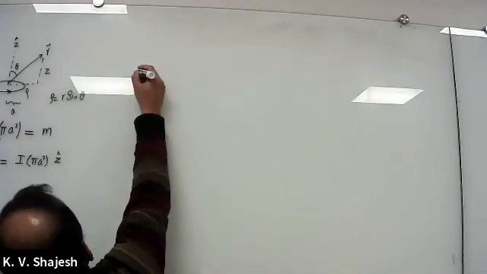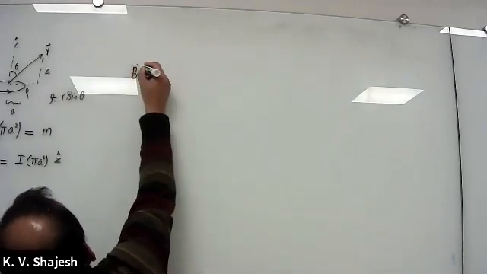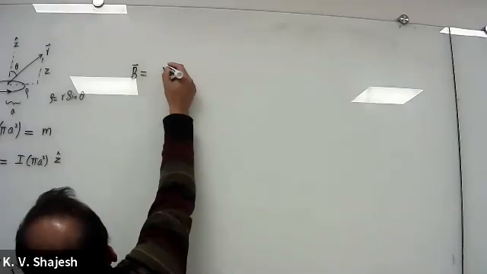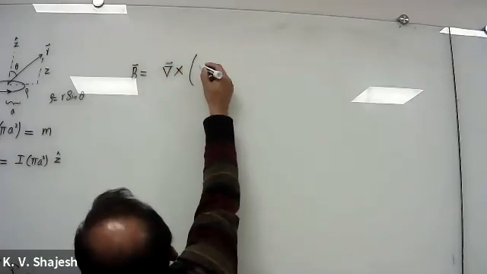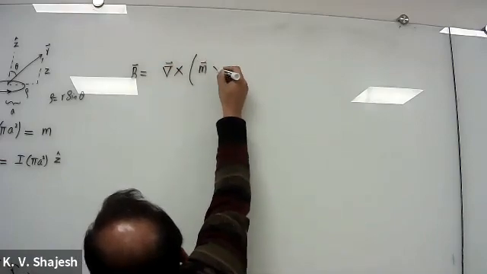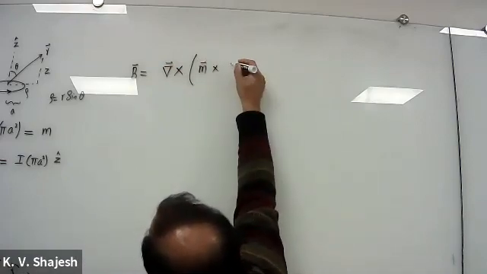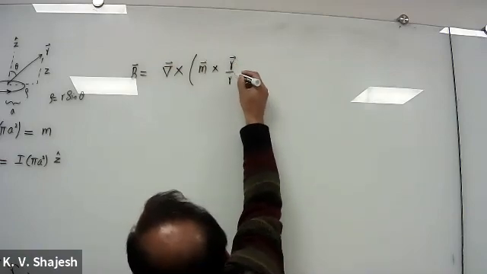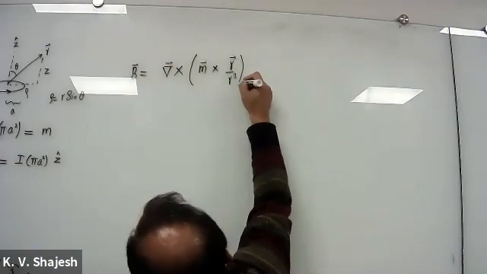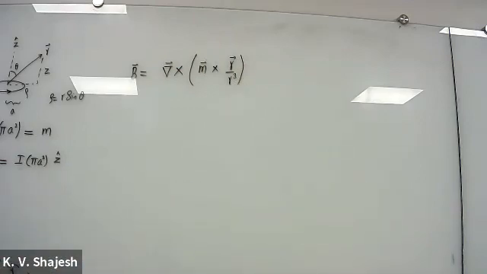So B is equal to del crossed with, you have M crossed with, so these are 3 vectors now, R over R cubed. I wrote it in a certain way so that the third quantity can be imagined to be a single vector.